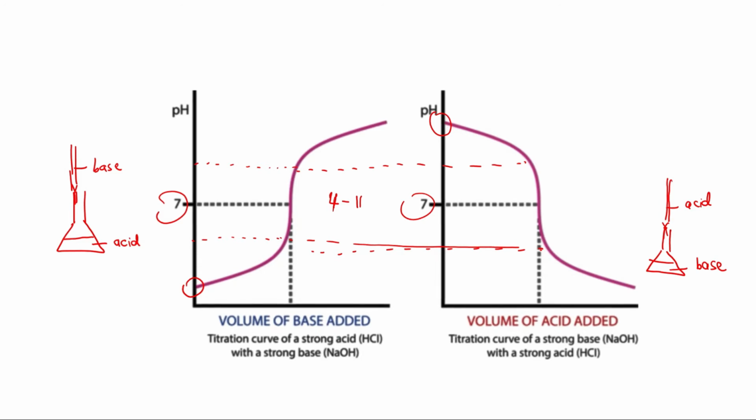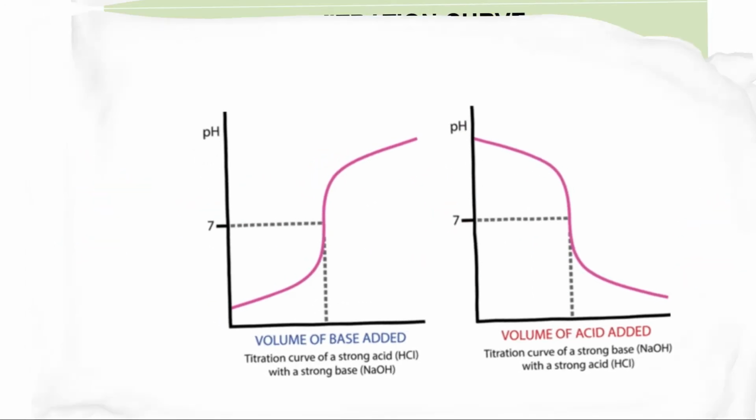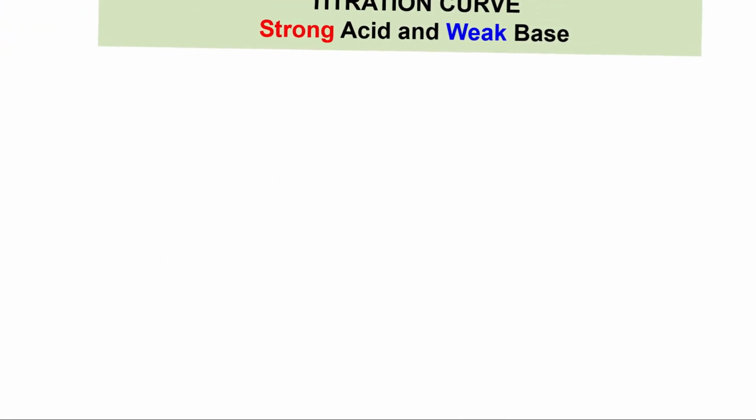When we keep adding the acid, it will neutralize the base and the pH will go down after the equivalent point. Got me? So you need to carefully read the equation, whether the acid or the base has become the titrant. Okay, clear? So we move on to the next step of titration.